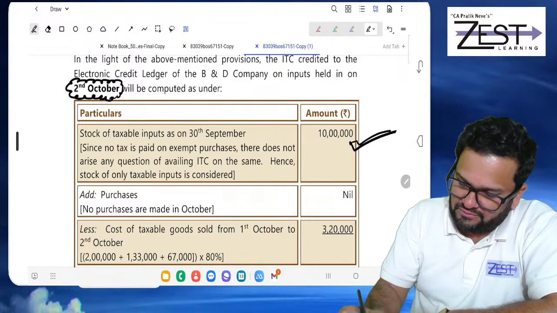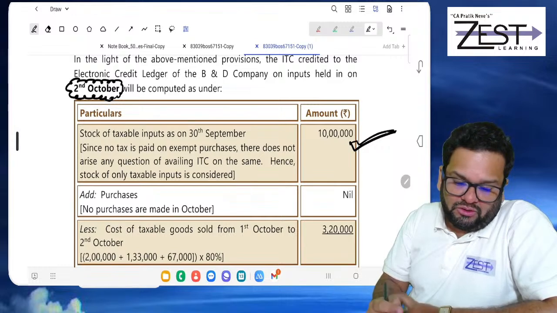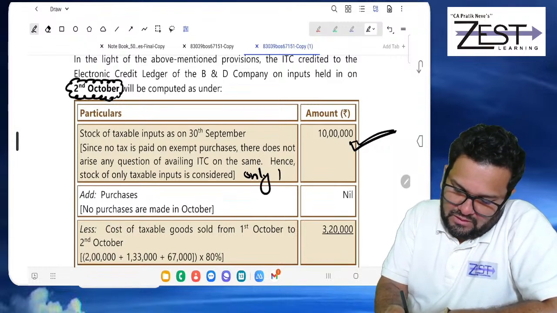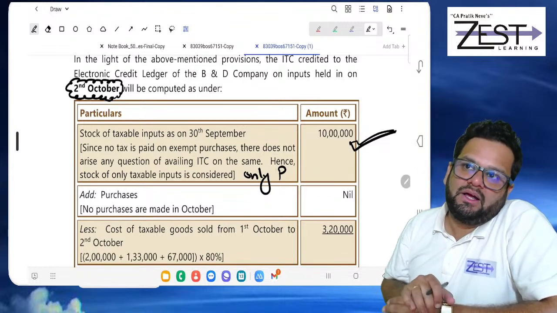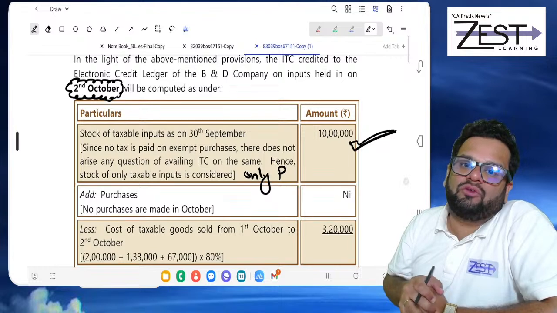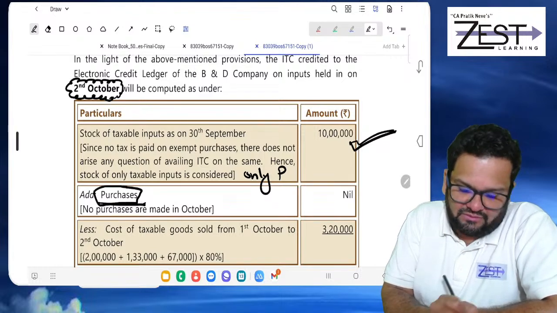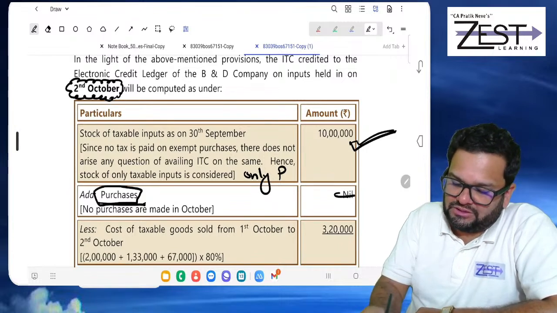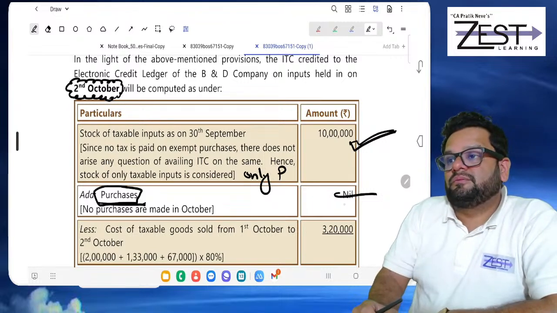Did you understand? But I'm not bothered with 30th September stock. I want stock as on 2nd of October. So there are no purchases done. Do you agree with me? It's given there in the question.